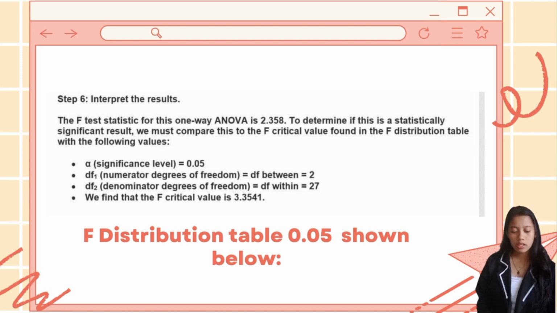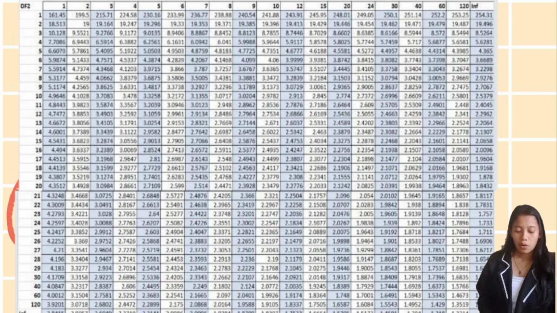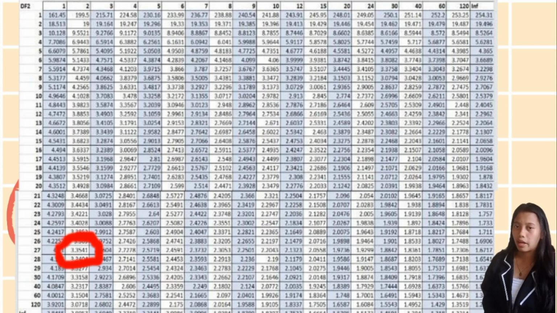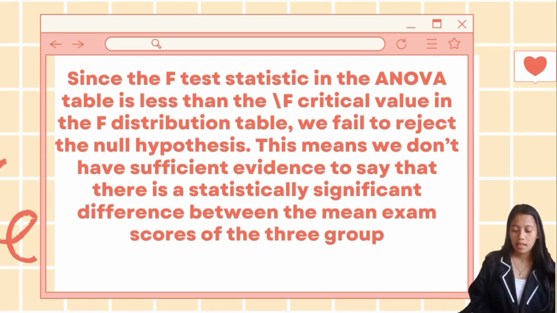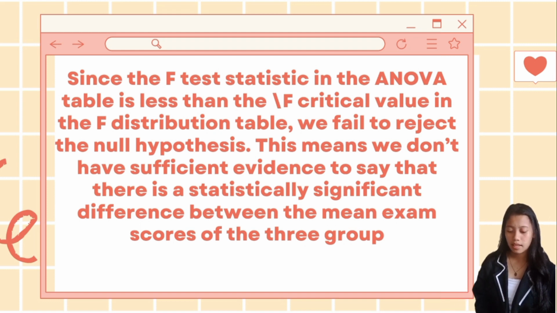And how are we going to find the critical value? In this table, we will find the F critical value. And now we have the critical value, and it is 3.3541.